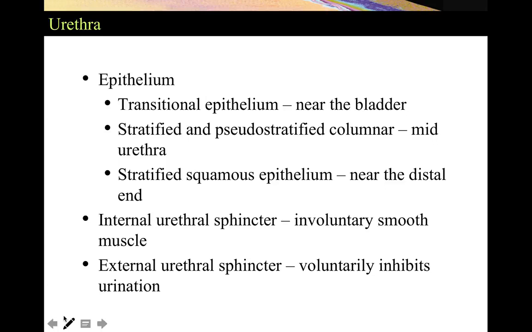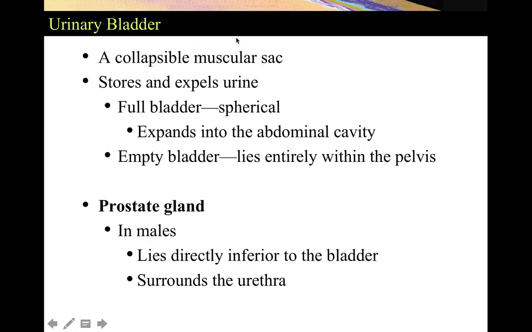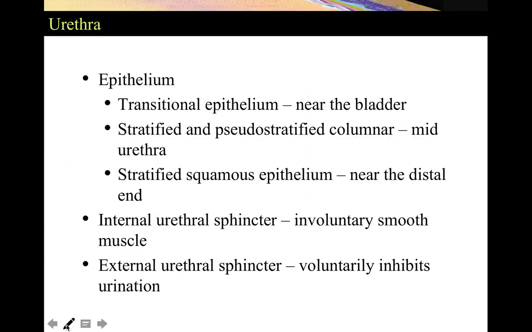So if you want to keep in mind, both the ureter, the bladder, more specifically the urinary bladder, because we also have the gallbladder, and the first part of the urethra are all going to be what?